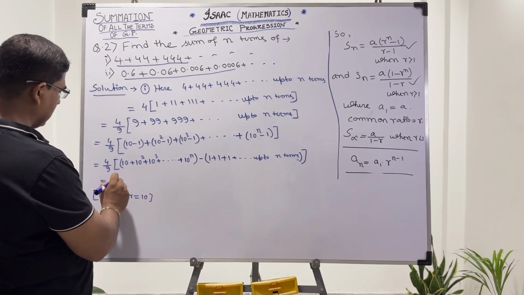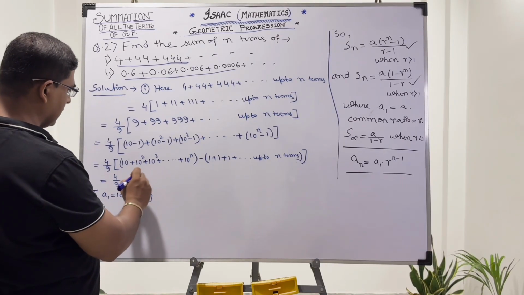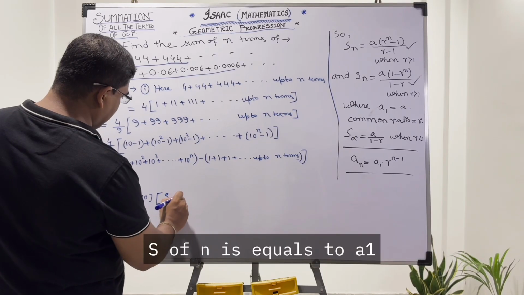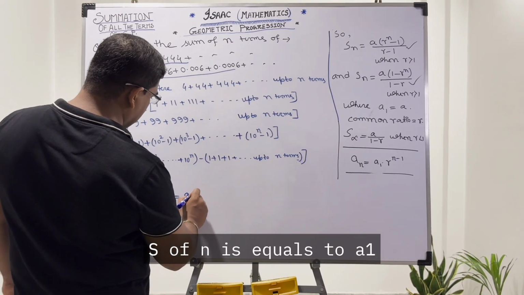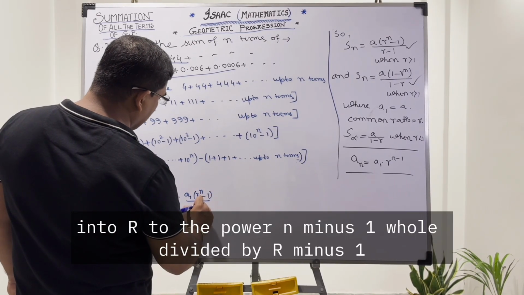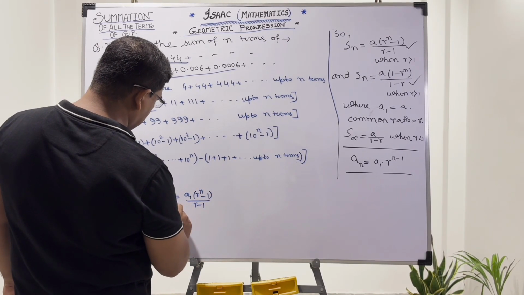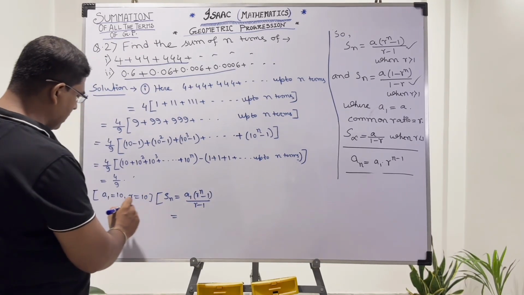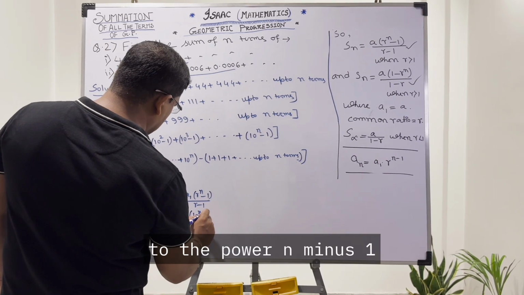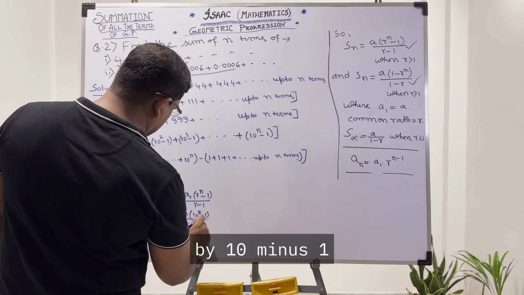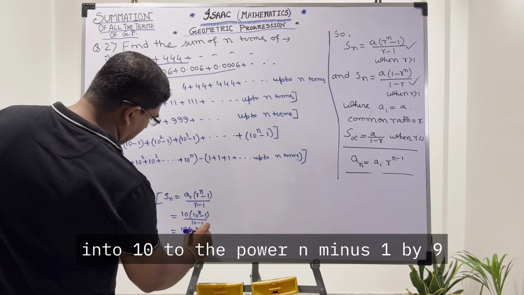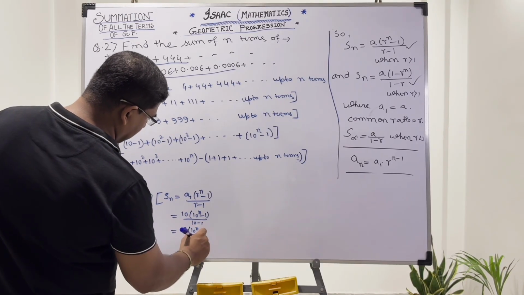That is why we can write S of n is equal to A1 into R to the power n minus 1, whole divided by R minus 1, equals 10 into 10 to the power n minus 1 by 10 minus 1, equals 10 into 10 to the power n minus 1 by 9.